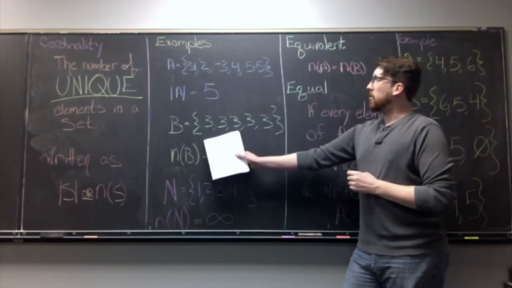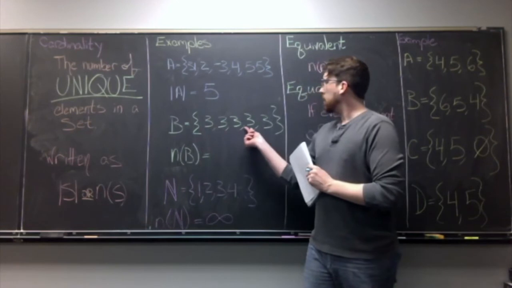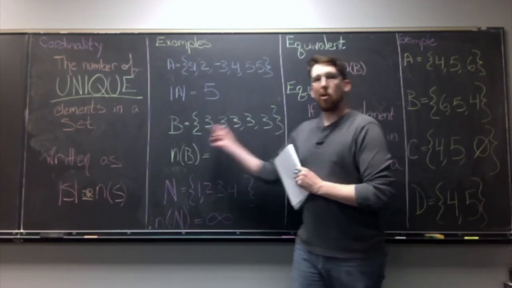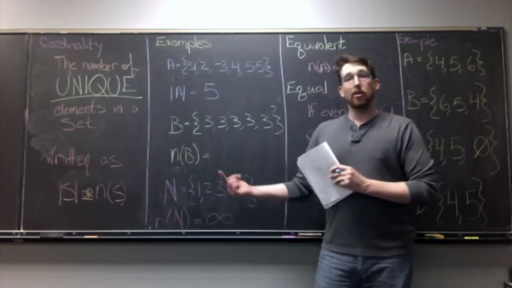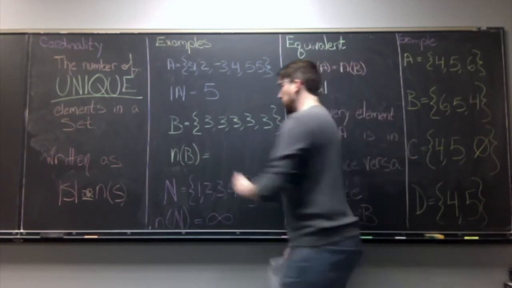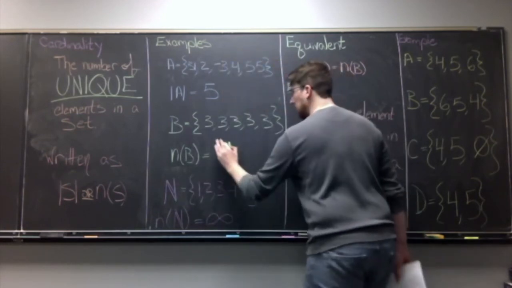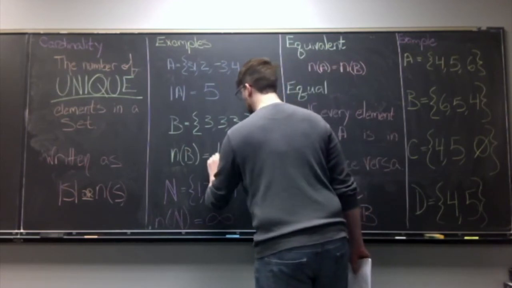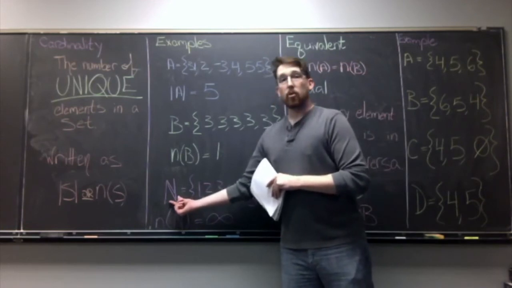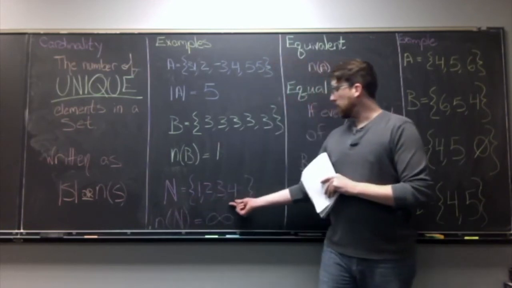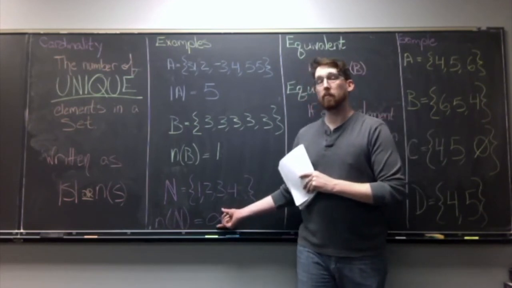Now in the case of this set B, we've got 1, 2, 3, 4, 5 elements, but they're all the same number. They're all 3. So we only have a cardinality of 1. And in the case of the set of natural numbers, we've got 1, 2, 3, 4 on forever. So the cardinality is infinity.